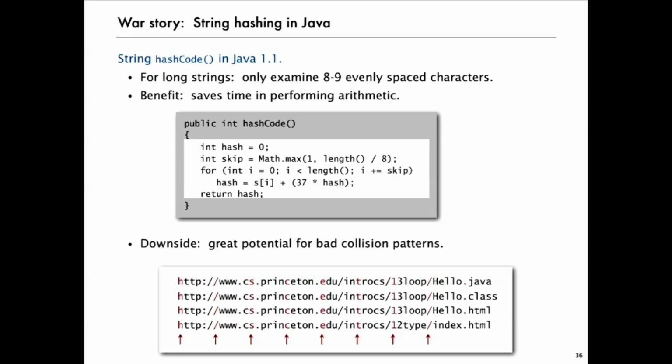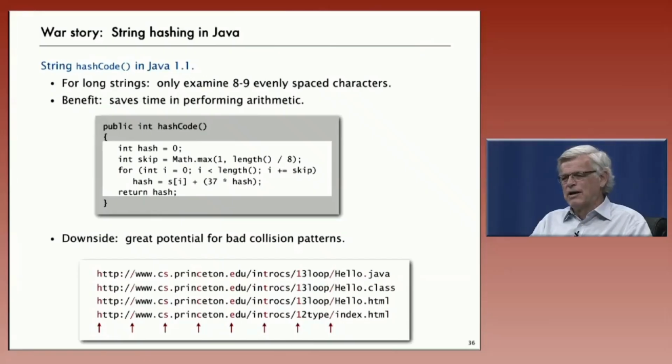And so client programs and system programs in the Java system were having terrible performance on their symbol table because of this shortcut in hashing. So this well illustrates that you need to use all of the data in the hash function. And sometimes when you do a closer analysis, the cost of computing the hash function can mean that something like red-black trees will even outperform hashing even for just search and insert.